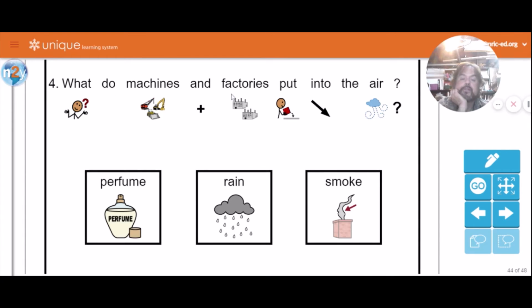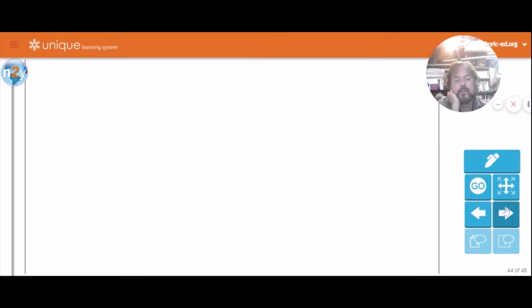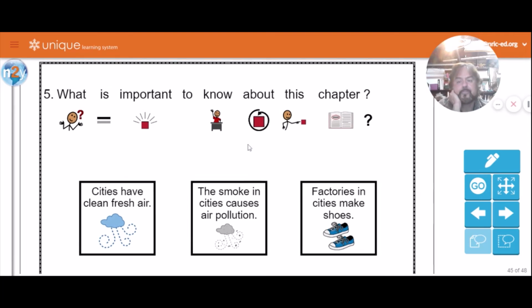What do machines and factories put into the air? Do they put perfume into the air? Oh, it smells lovely. Do they put rain into the air? Do machines and factories put smoke into the air? You're right. They put smoke into the air. Smoke gets in the air. Okay, let's see.